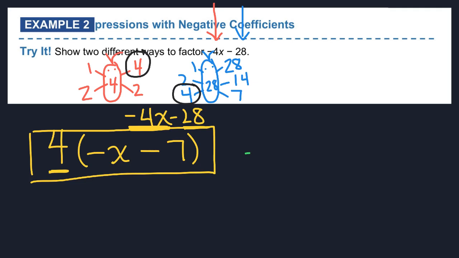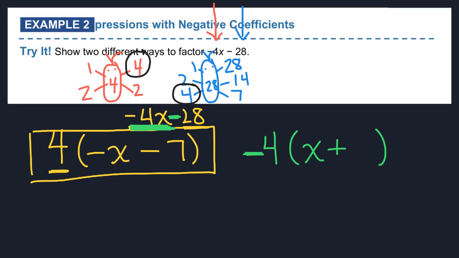What if I pull out a negative 4? Well, if I pull out negative 4 and I had negative 4x, the only thing I'm missing is the x. The subtraction sign is taken care of with the negative.